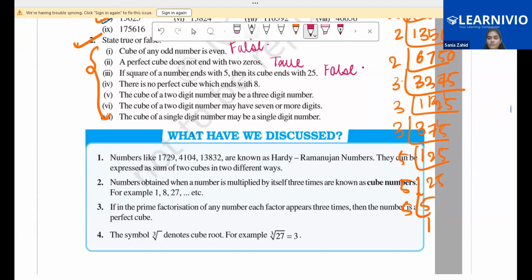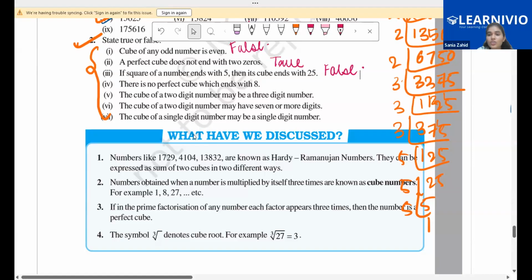Children, you can do one thing. 3 cube is equal to 8, right? 3 cube is not 8. How come 3 cube is 8? 3 cube is 27. No, 2 cube, sorry, ma'am. 2 cube is 8. Yeah, so one of the numbers is 8 itself.